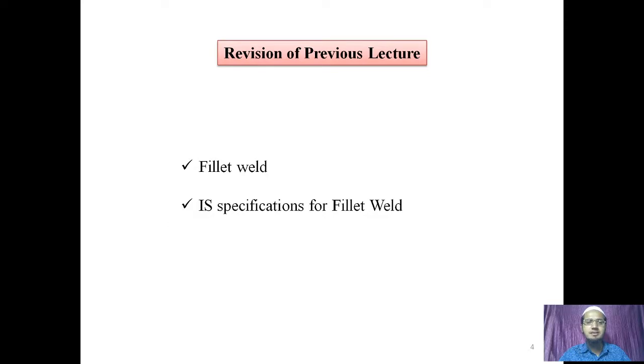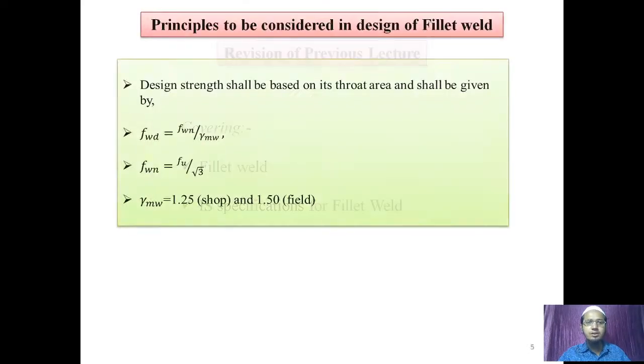In the previous lecture, we were discussing fillet weld IS specifications, in which we discussed the size of weld, thickness of throat, effective length of weld, end returns, etc. What IS specifications are given for these terms, we have already discussed. So let's continue our session.